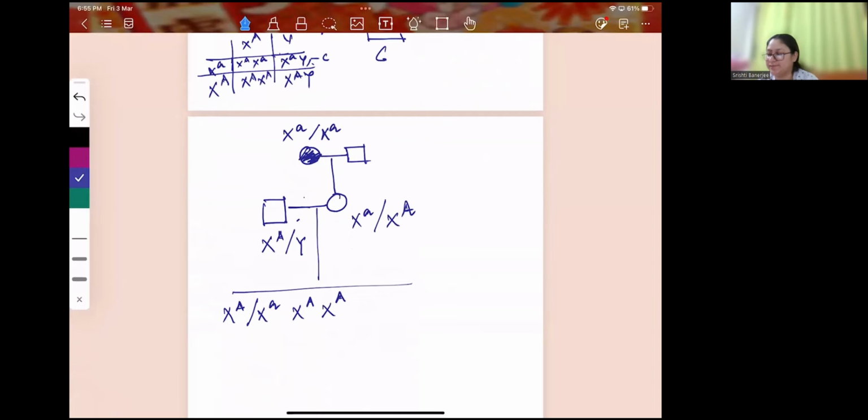So Uma was a carrier, because one X^A will be coming from Uma's mother, and that will make her a carrier. And the father is unaffected, so the person who is marrying Uma is unaffected.